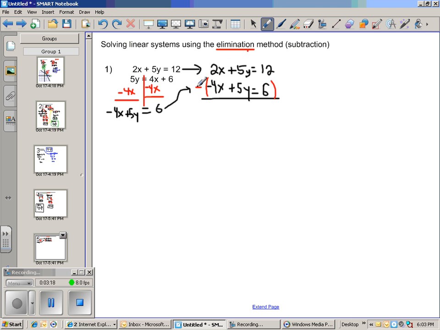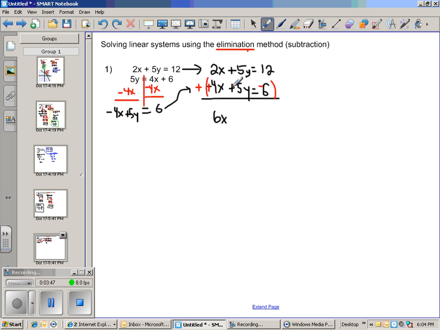So if I have 2x minus a 4x, I change this to addition, and I'm going to change the sign of every term inside of this parentheses, including that 6. Now, once we've done that, you have 2x, and this is now plus a negative 4x.